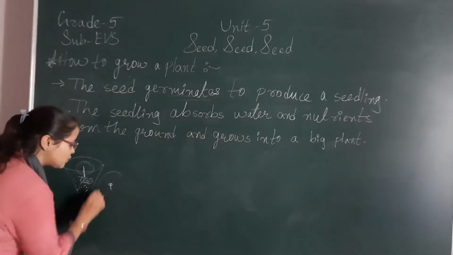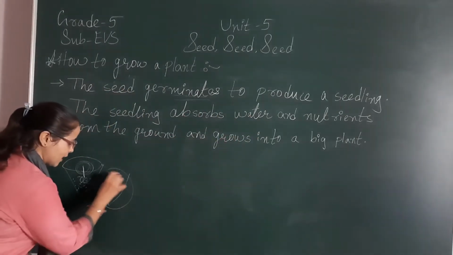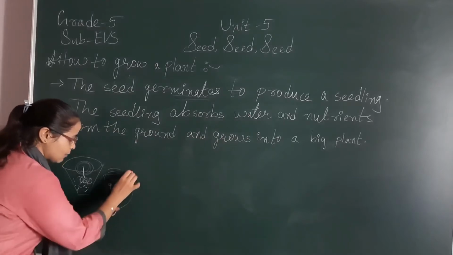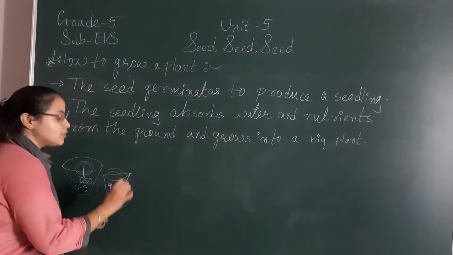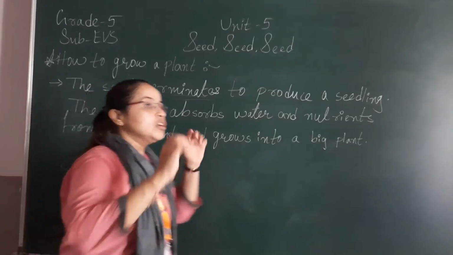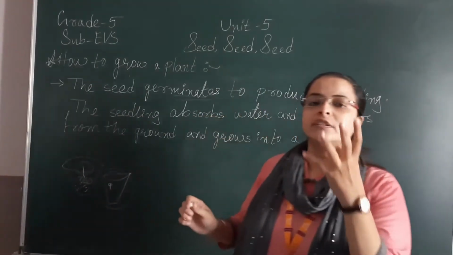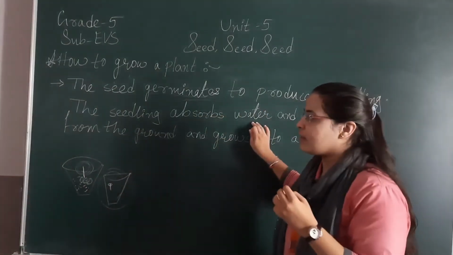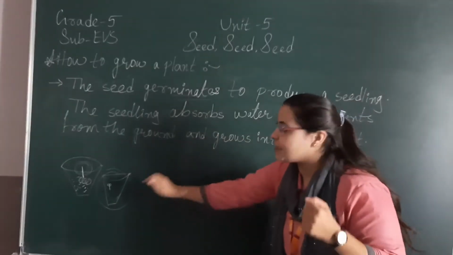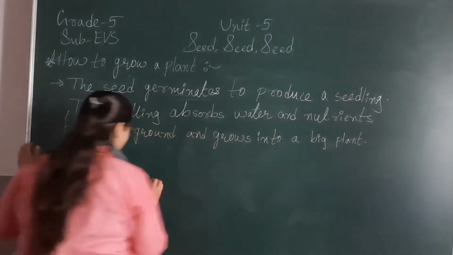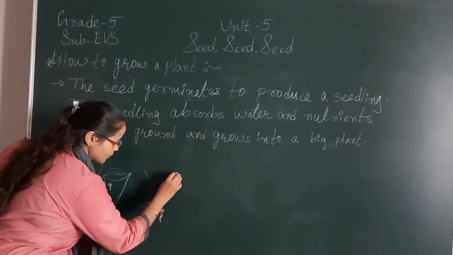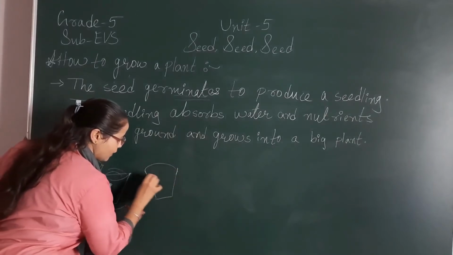The seed sitting inside the plant should also get the proper amount of nutrients, right? So in that pot, whichever nutrients and water are available, my seedling will absorb. What will happen here?